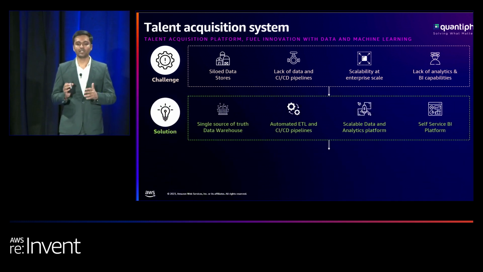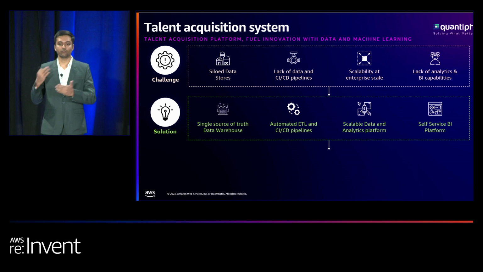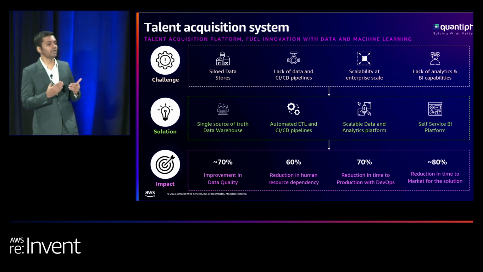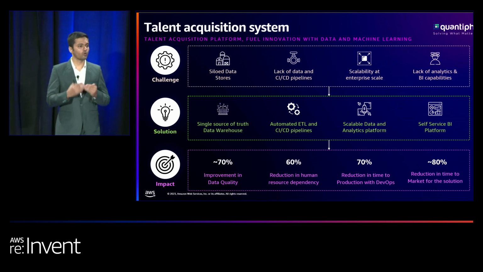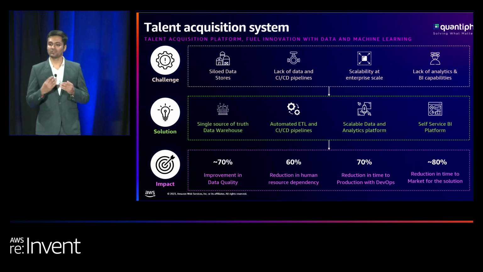We as Quantify help them to leverage different AWS services, different connectors which AWS provides, and provide analytics at scale with proper security. From a business standpoint, it helped them to run faster, go faster to the market with less human intervention. So this was the background about this customer.